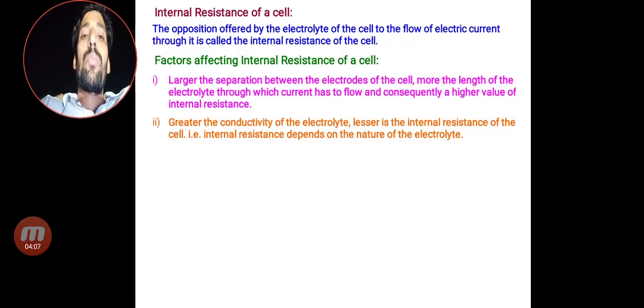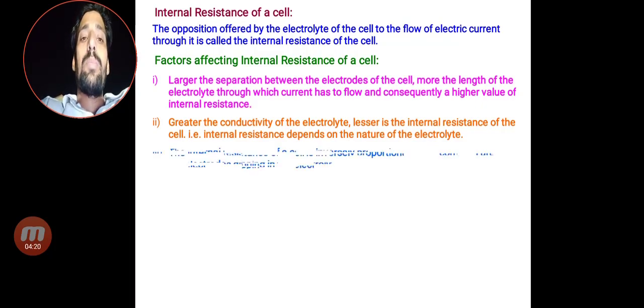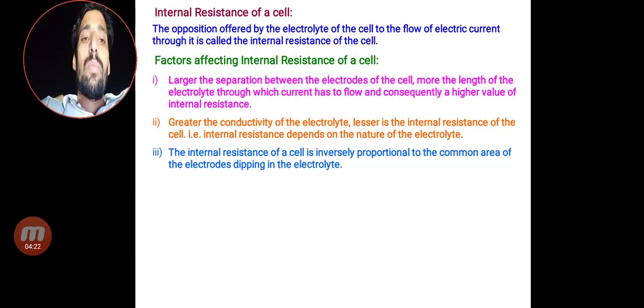So, resistivity or internal resistance of the cell is inversely proportional to the conductivity of the electrolyte solution present in the cell. Third, if the cross-sectional area of the electrodes is high, then internal resistance will be low.